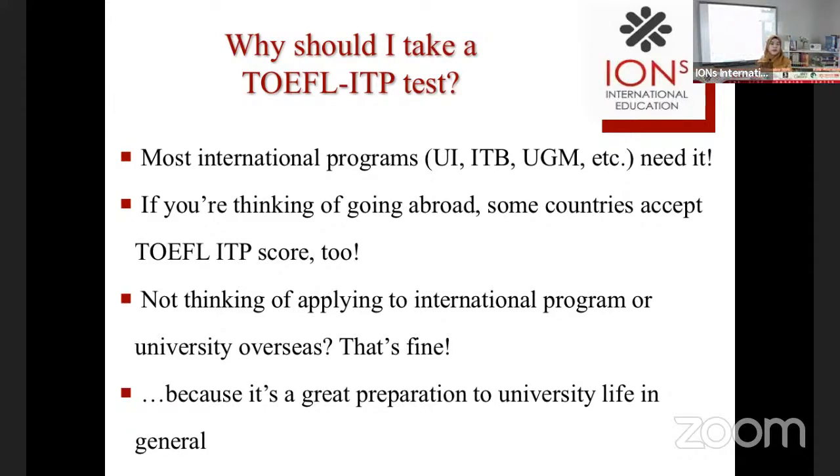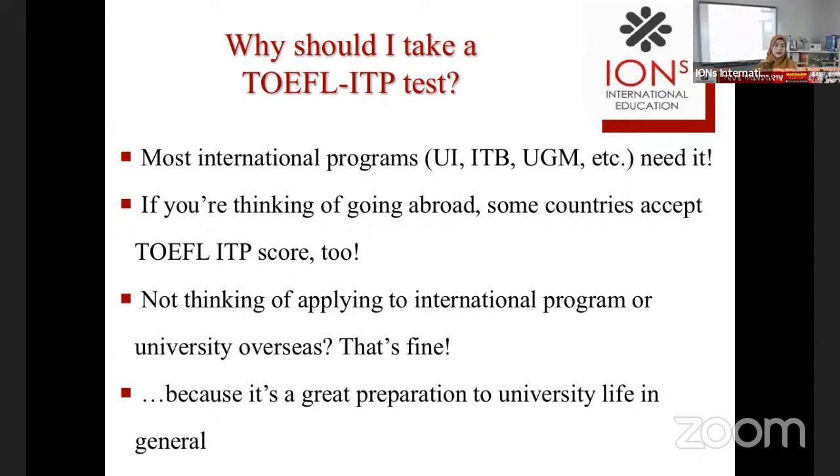But if you take like the English departments, ya misalnya English letters, sastra Inggris atau pendidikan bahasa Inggris, of course the requirements will be higher, right? So you need 550. Begitu. Jadi kalau teman-teman mau kuliah di jurusan yang berkaitan dengan bahasa Inggris, like misalnya sastra Inggris, right?